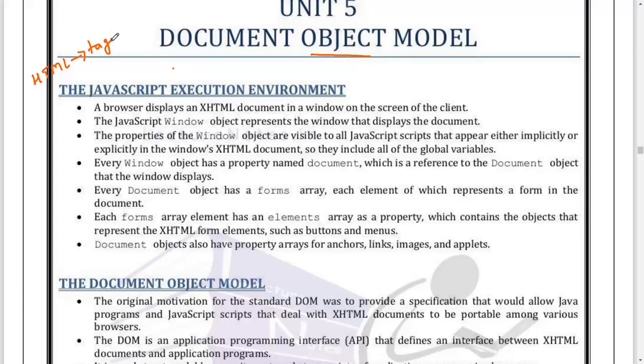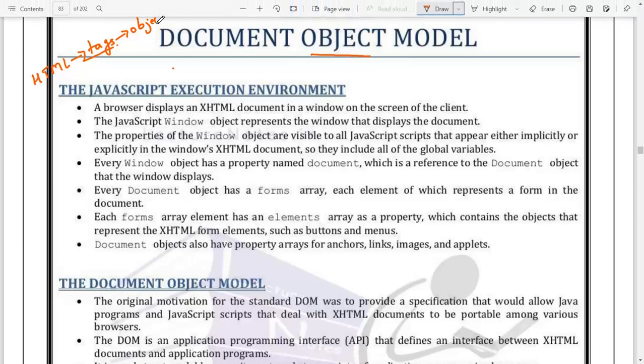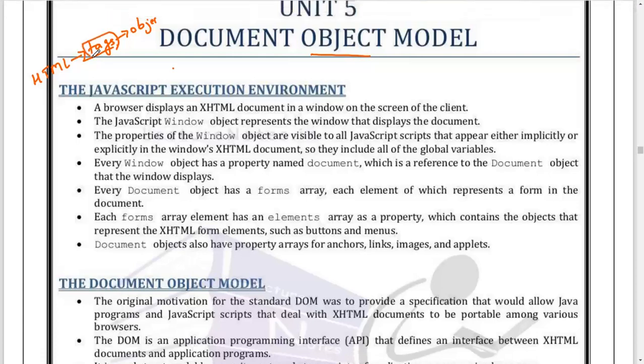Those tags, whatever you use in the HTML, will be converted into objects by using JavaScript. The elements that you use in the HTML tags will be converted into objects by your JavaScript. How that is done, we are going to see step by step.